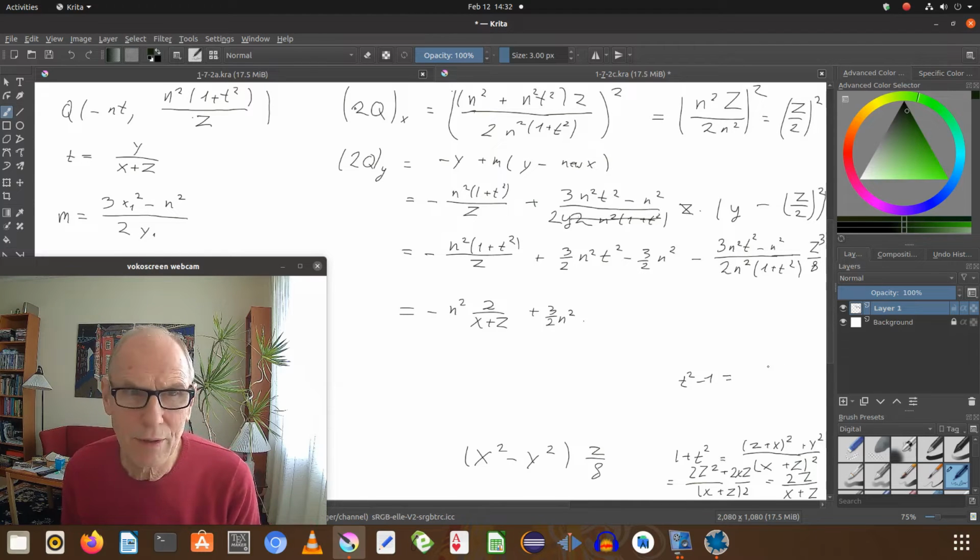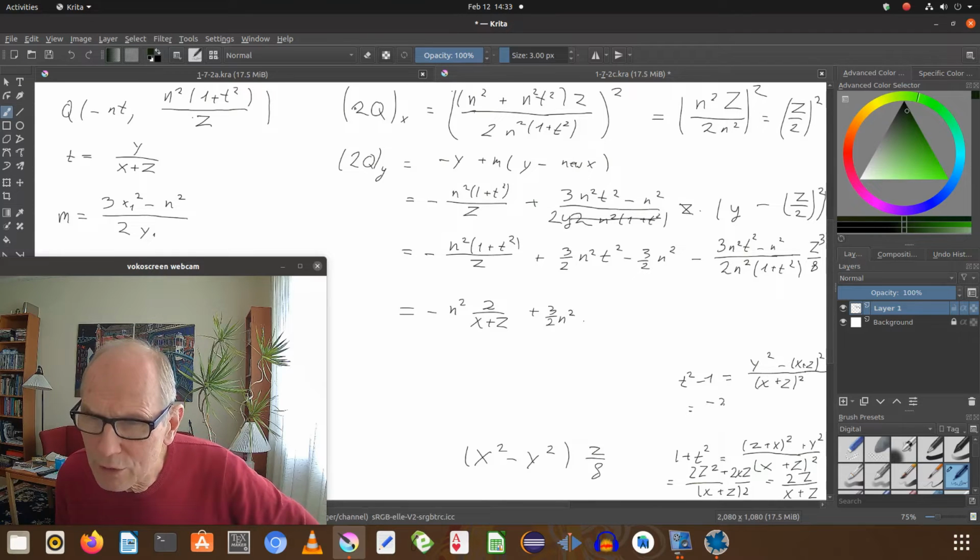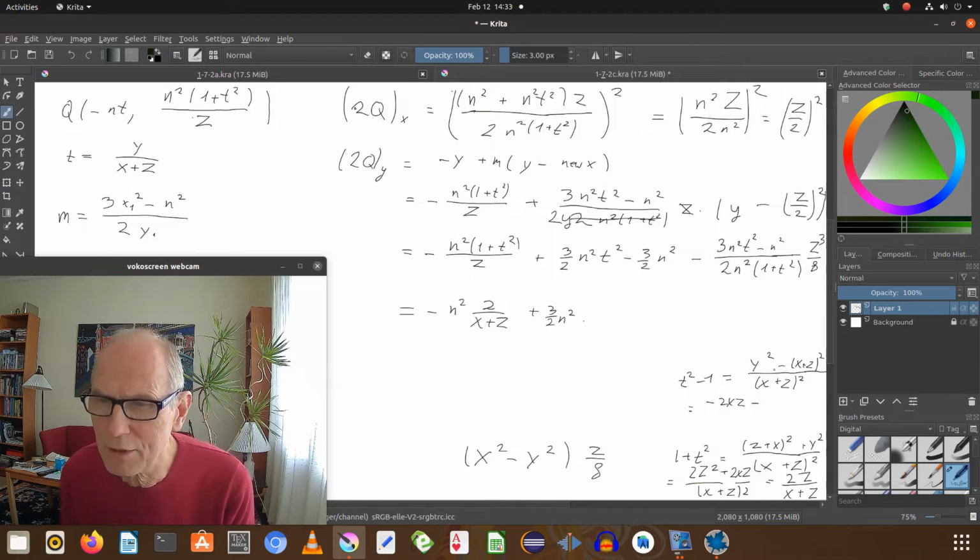So that y squared divided by (x plus z) squared minus (x plus z) squared equals, now we want to get rid of y, so we write that as z squared minus x squared, so z squared goes out, so it's minus 2xz minus, now what was it that cancelled?